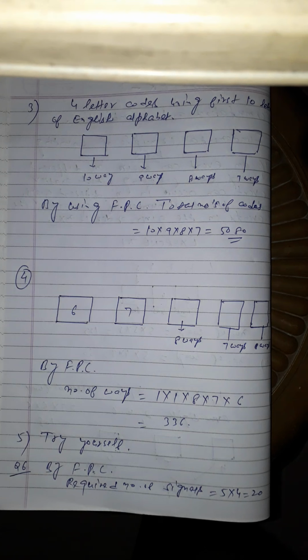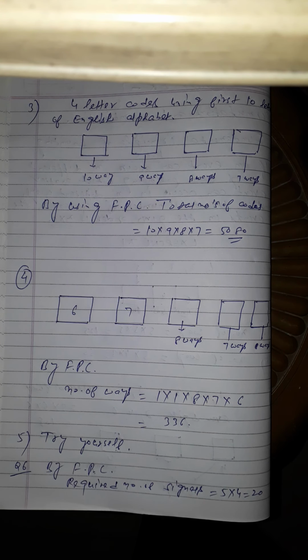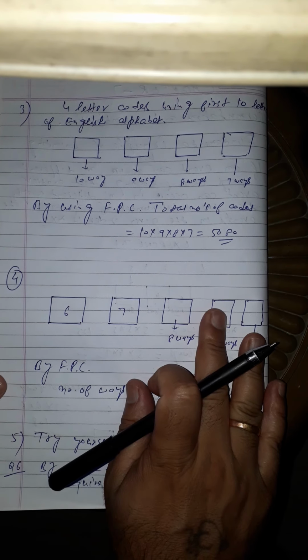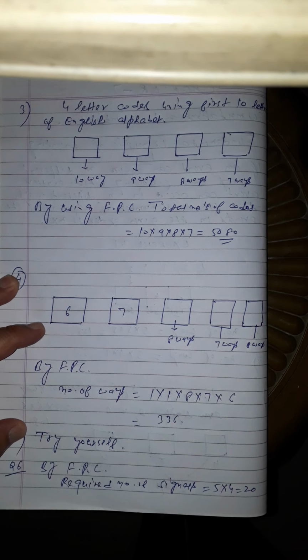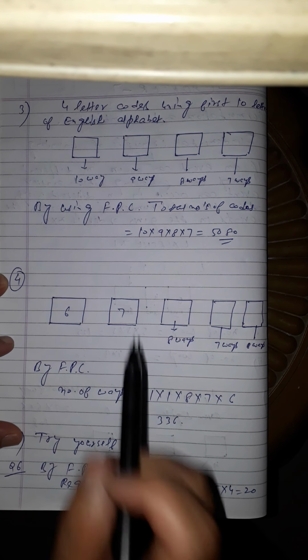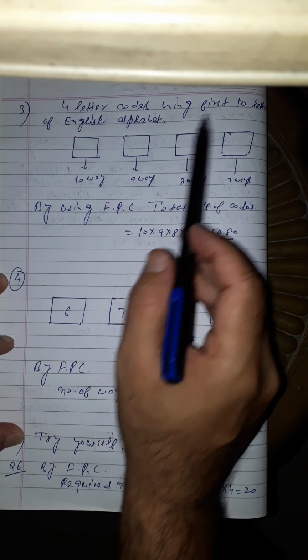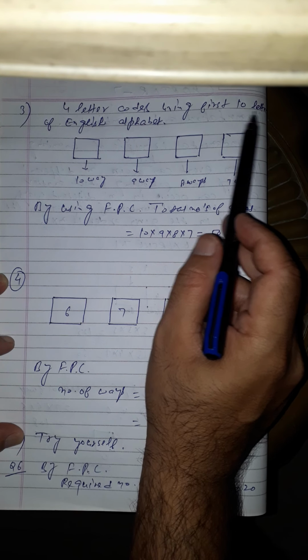Let us come to question number 3 students. How many 4 letter codes can be formed using the 10 letters of the English alphabet if no letter can be repeated? Here students we have to see how many ways there are. We have to make a code of 4 letters by using 10 alphabets.